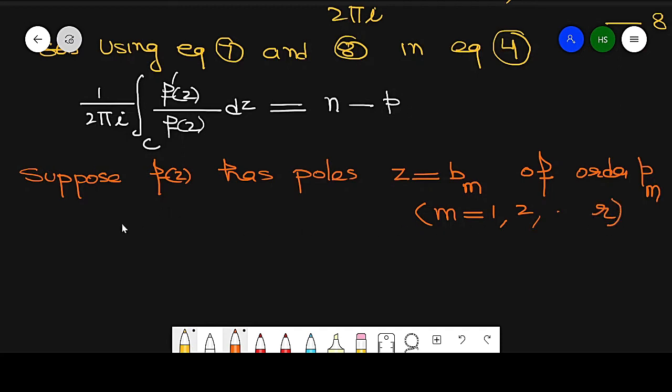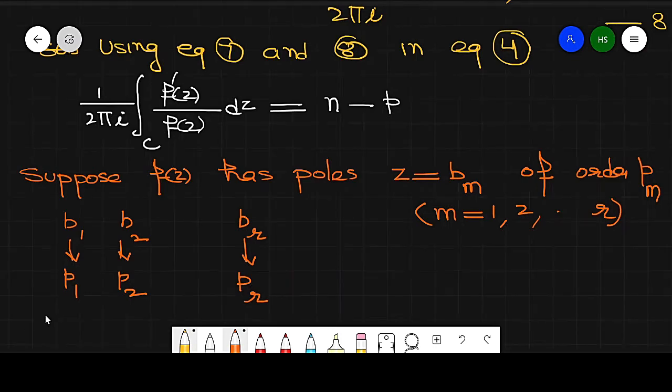So f(z) has poles b1, b2 up to br, and their orders are p1, p2 up to pr.